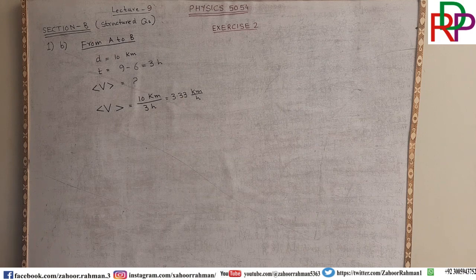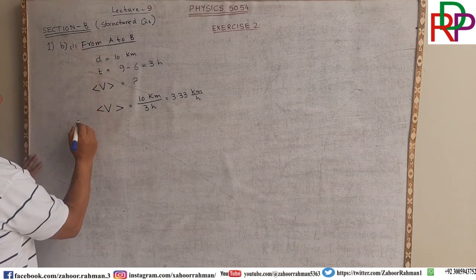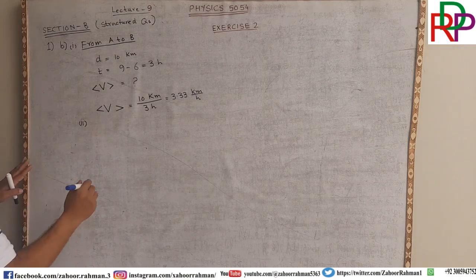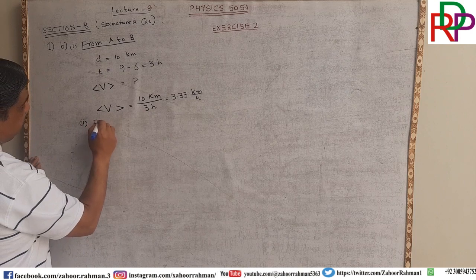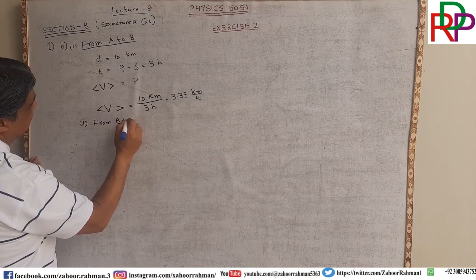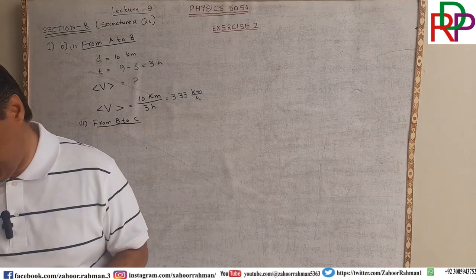Now that was part number 1, and here we have to see part number B. From B to C, what will be the average speed?